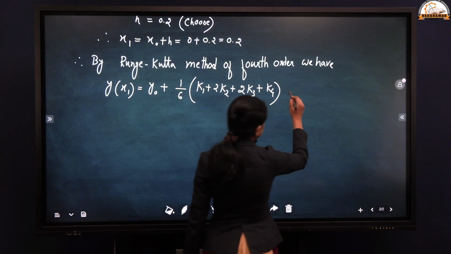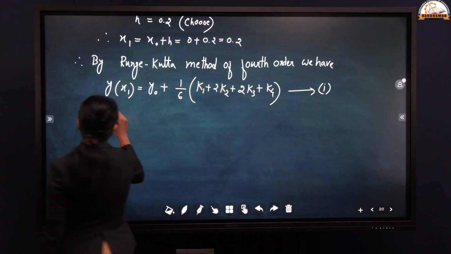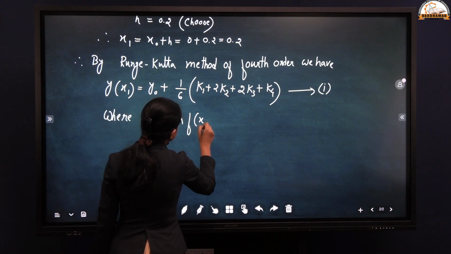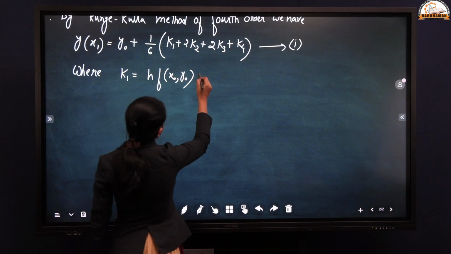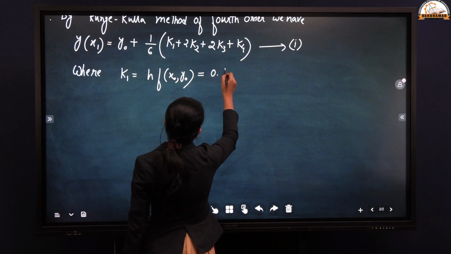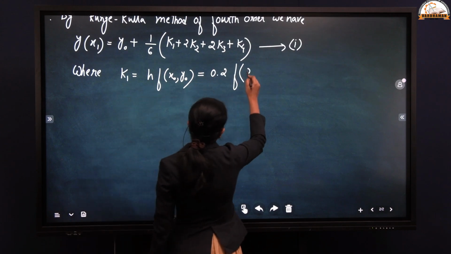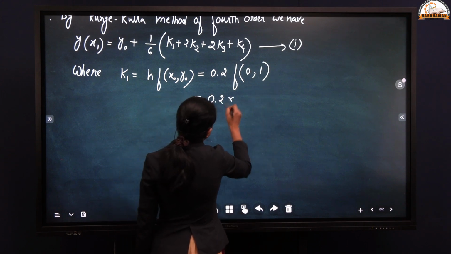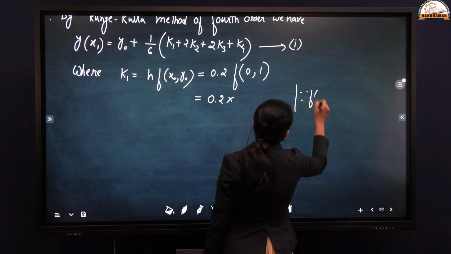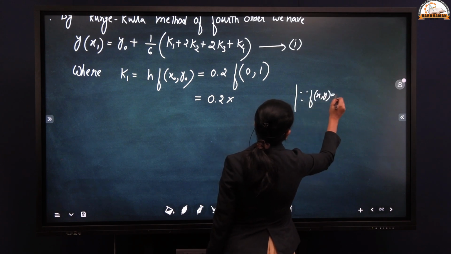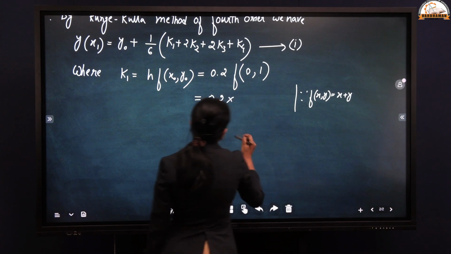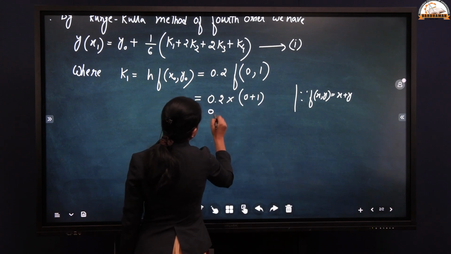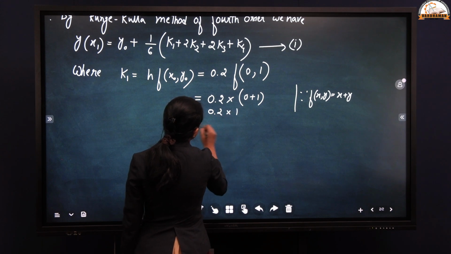Let us take it as equation number 1, where k1 is equal to h into f of x0, y0, which is equal to, h is 0.2, x0 is 0, y0 is 1, so 0.2 into f, since f of x, y equals x plus y, we get 0 plus 1, so 0.2 into 1, which is 0.2.